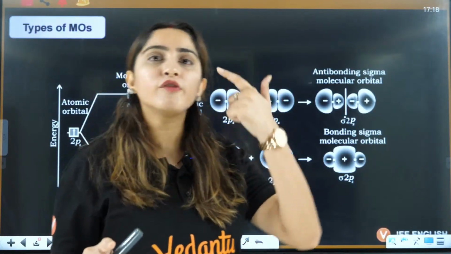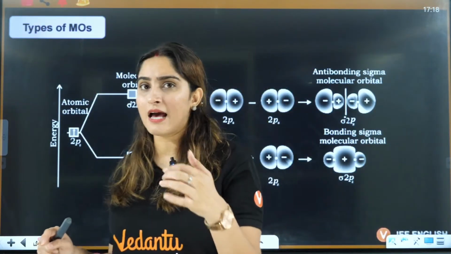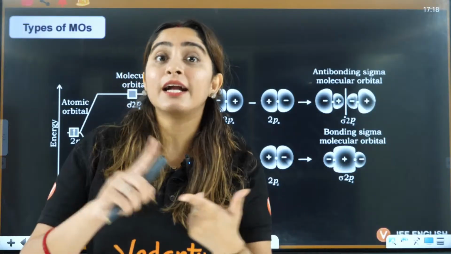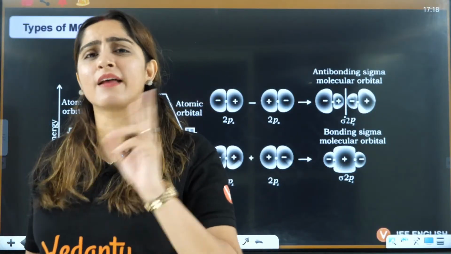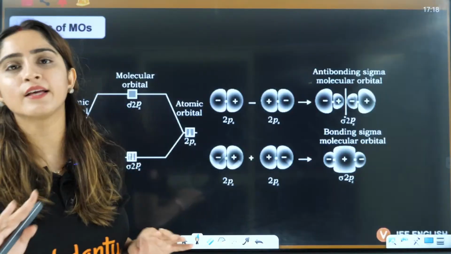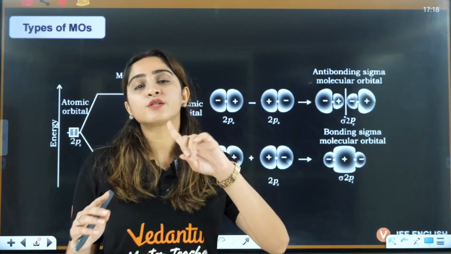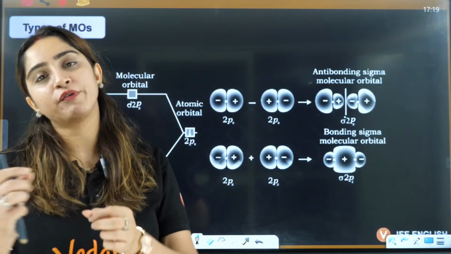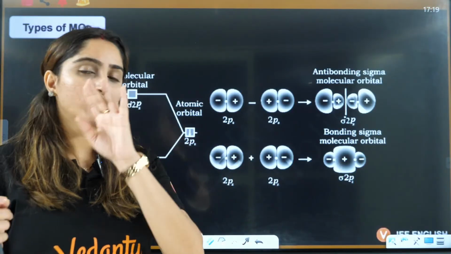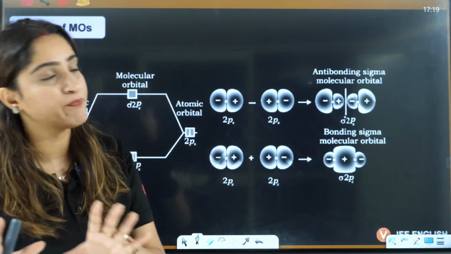What if they say the internuclear axis is x? Then 2px will form sigma and the rest of the two will form pi. But that is not asked to you. What is important for you to know is that sigma is formed by 2pz, and 2px and 2py form pi.